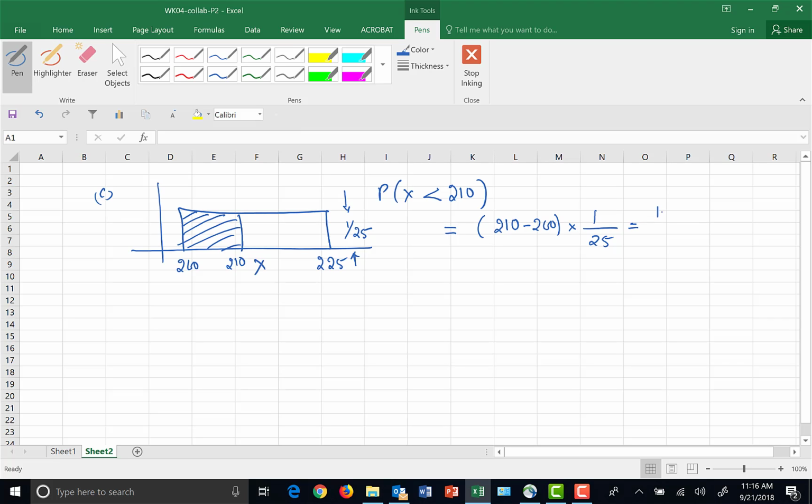So this is equal to 10 divided by 25, which is 40%. Okay, so should the executive leave the house on the market for another month?